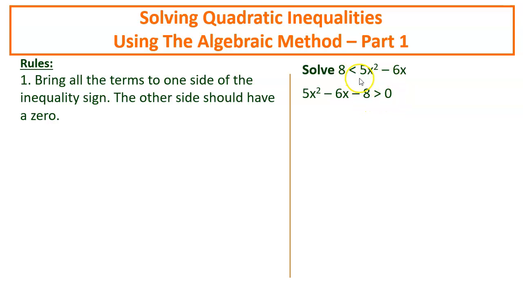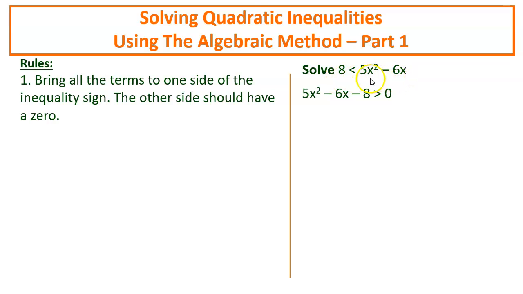Now I have seen many students getting confused with these two statements. Over here the first one says that 8 is less than, and this is the greater than sign. But they actually mean the same, because you see the opening side of this inequality is facing the 5x squared.